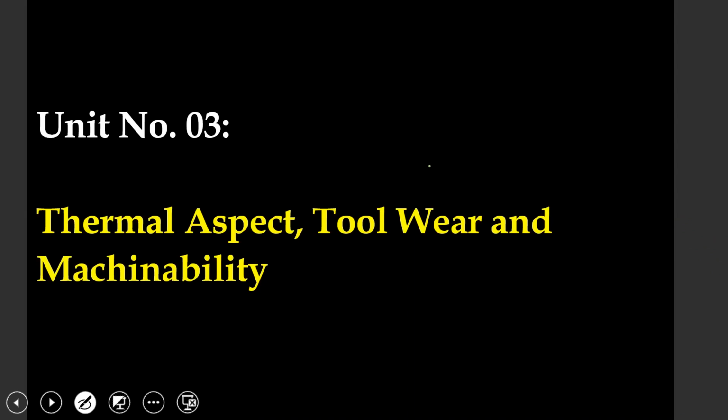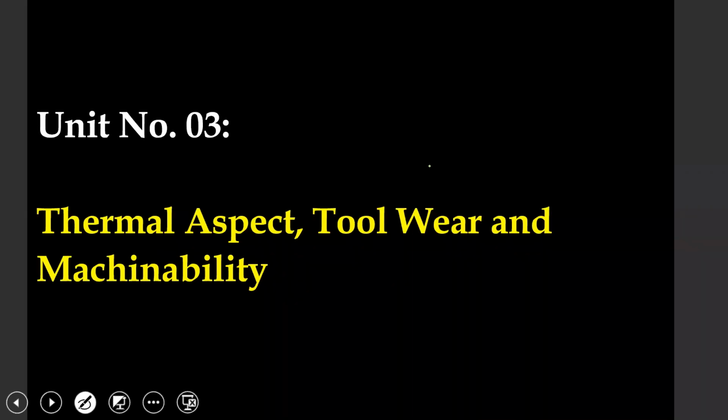Additionally, tool wear. We know that a cutting tool is expected to hold its cutting edges for the maximum possible duration, so that you can have better productivity, better surface finish, better accuracy, and all.